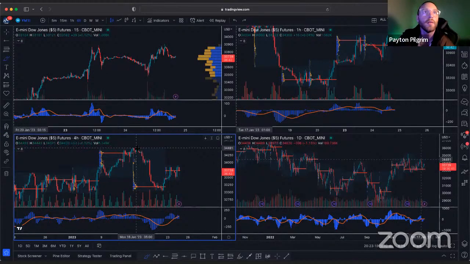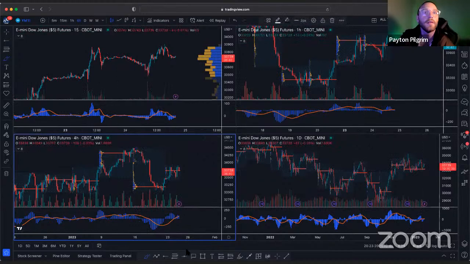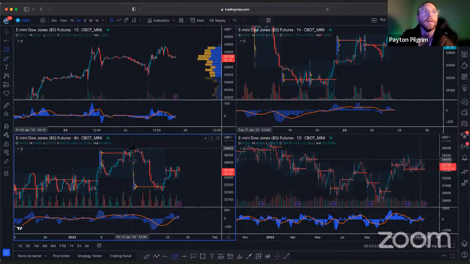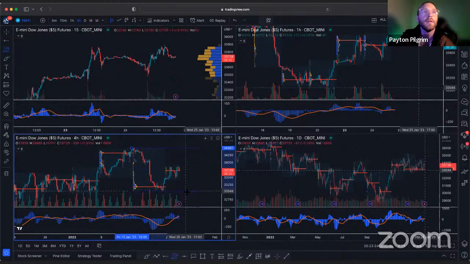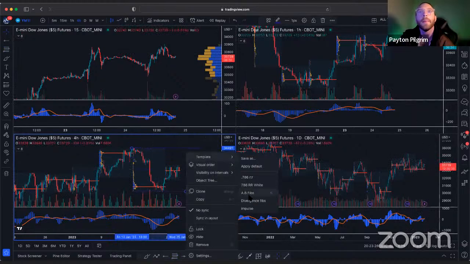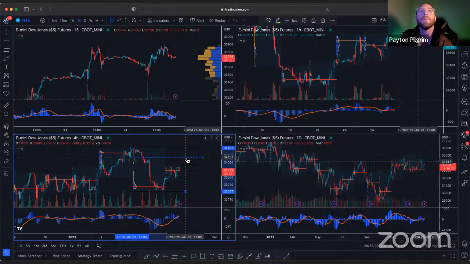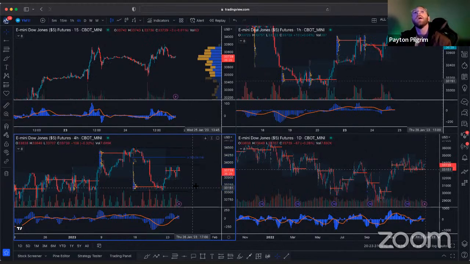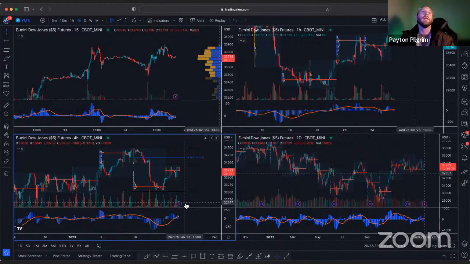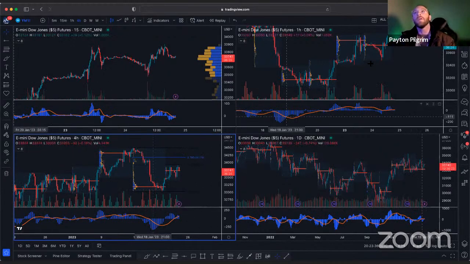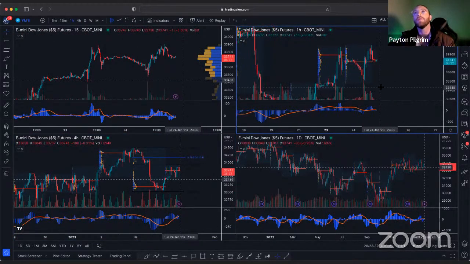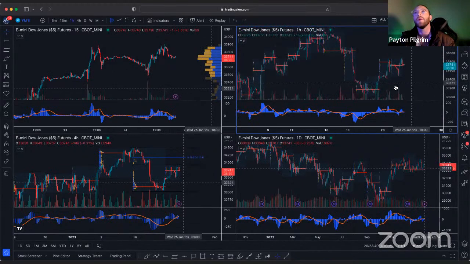So what I want to see is this here. Okay, so 78.6 is that blue line up there, and if the market gets up there, I would have to definitely weigh my options.